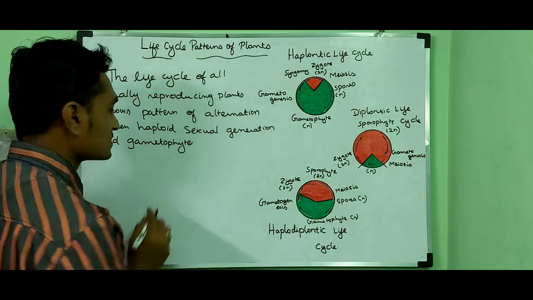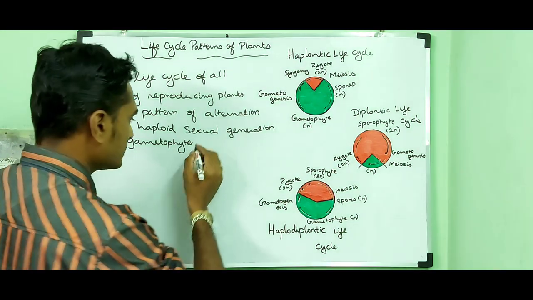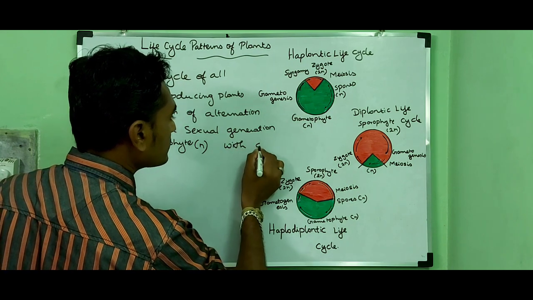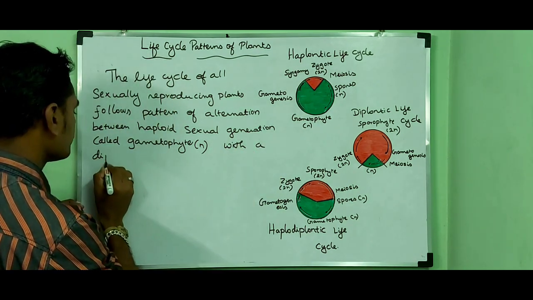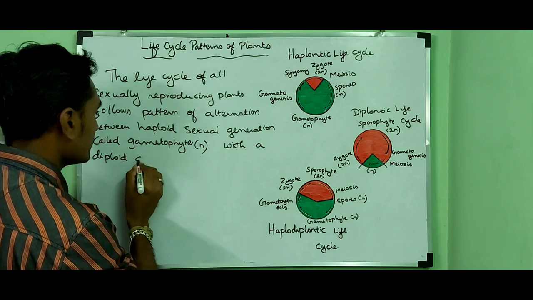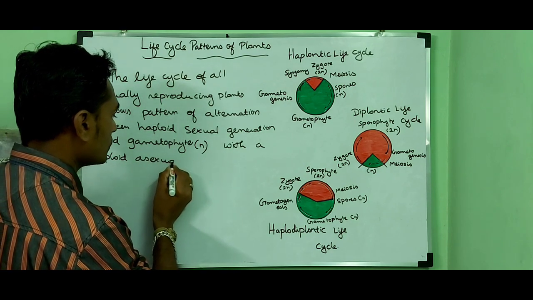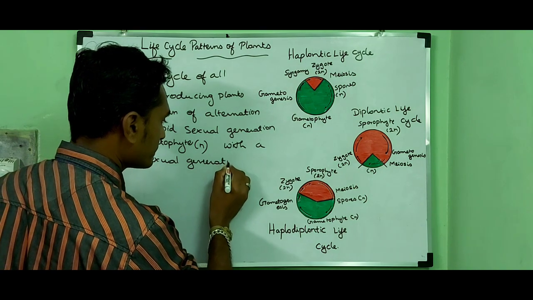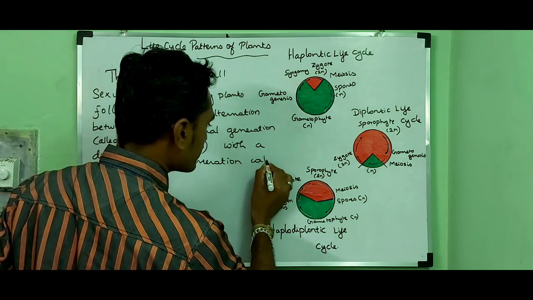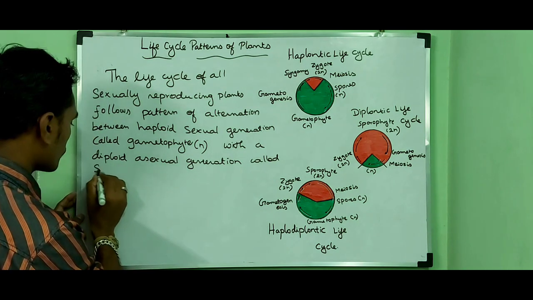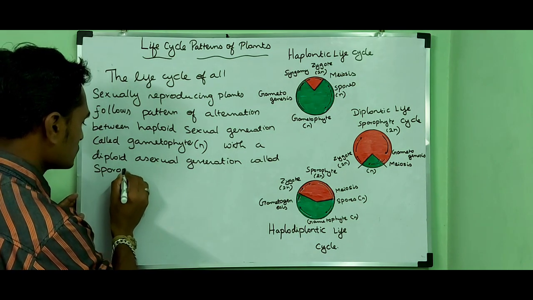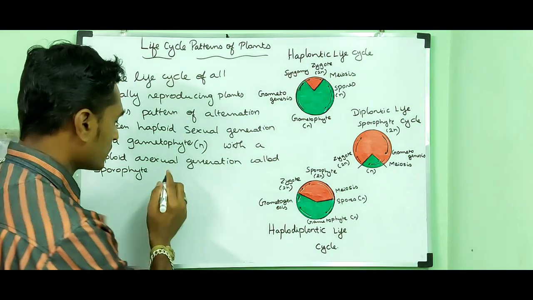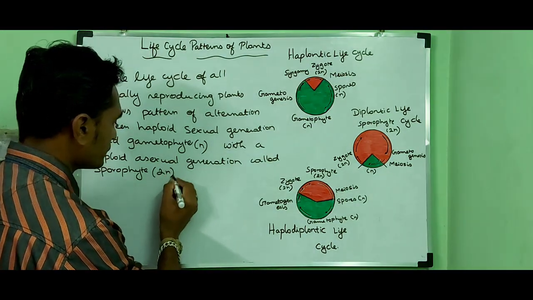So gametophytic generation is represented with the ploidy number n, with a diploid asexual generation called sporophyte. So sporophytic generation is represented with the ploidy number 2n.